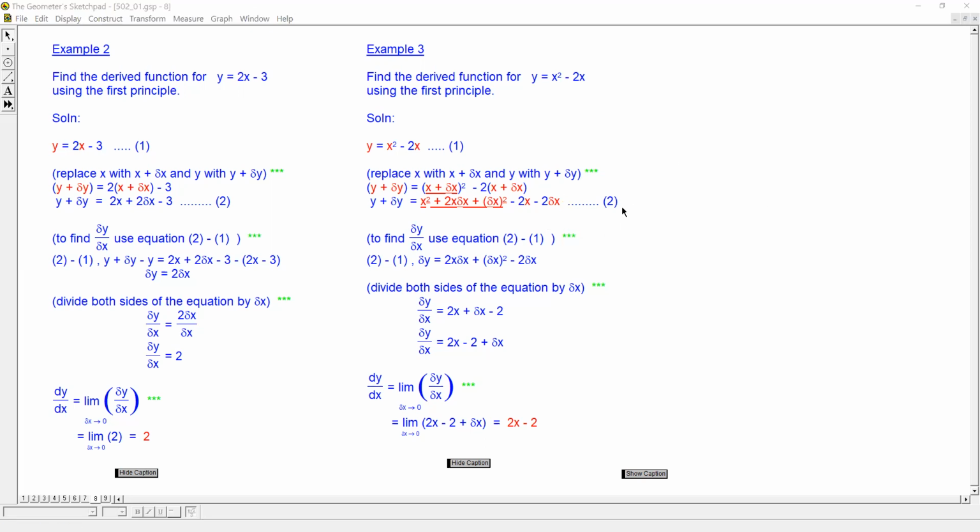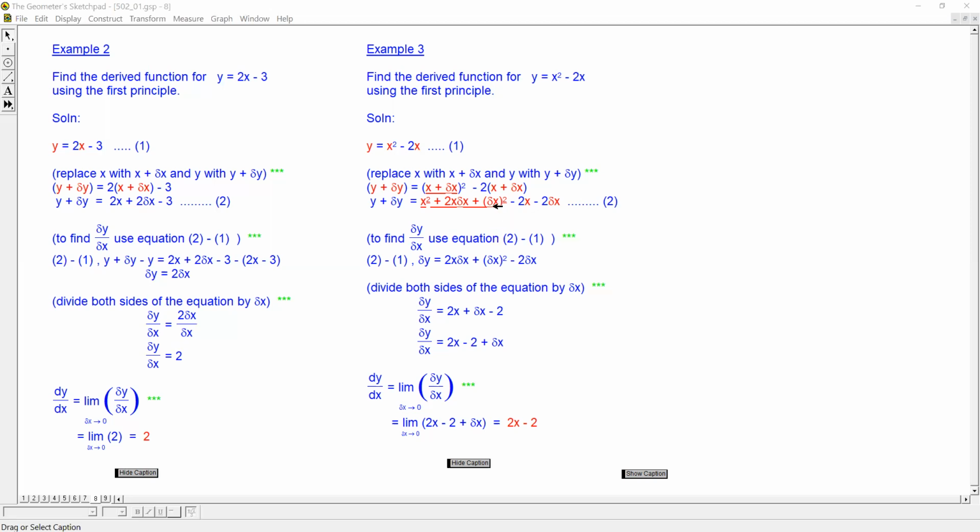So the second step is you take equation 2 minus equation 1. So equation 2 is this one. So y minus y is what? 0. Then you are left with delta y. Here x squared minus x squared cancel away already. So you are left with 2x delta x, because there's no 2x delta x in the first equation. So this one cannot cancel off.